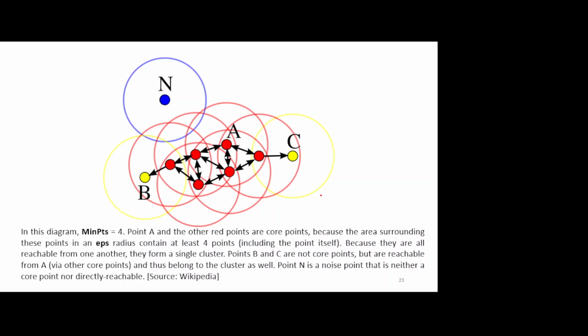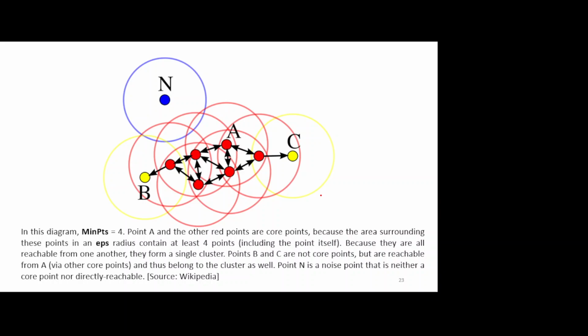Including itself, 1, 2, 3, 4. There are 4 points in the radius, so all these points are A's neighbors. Because it satisfies our threshold, point A can be considered a core point.